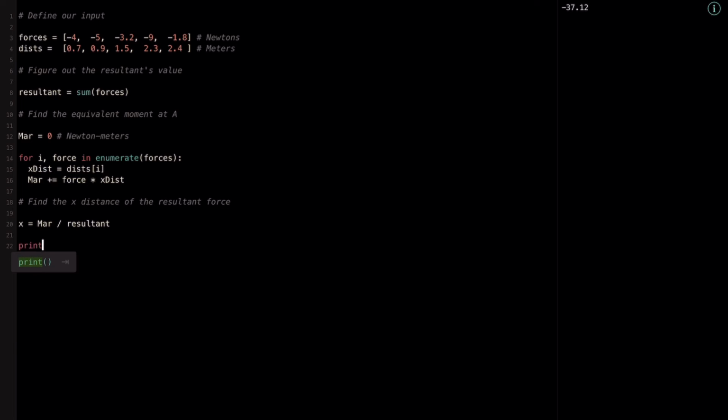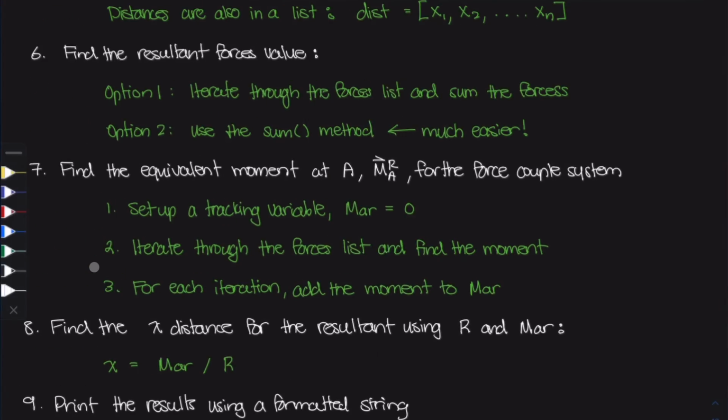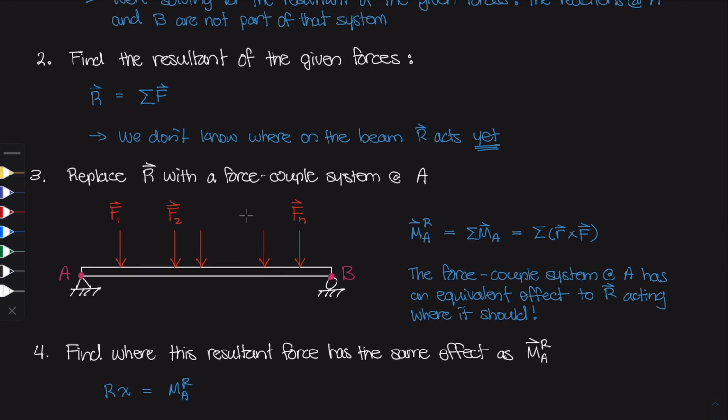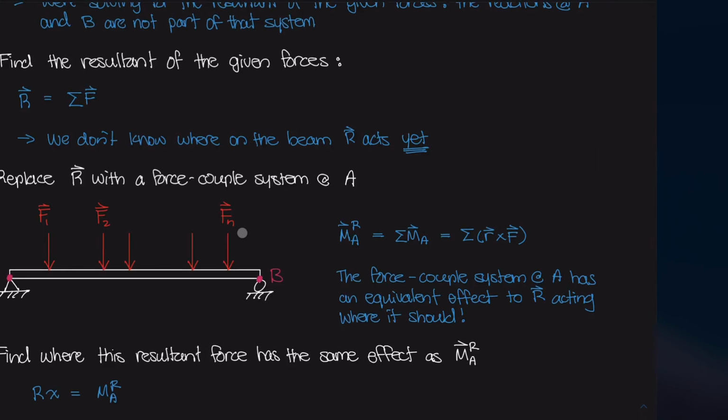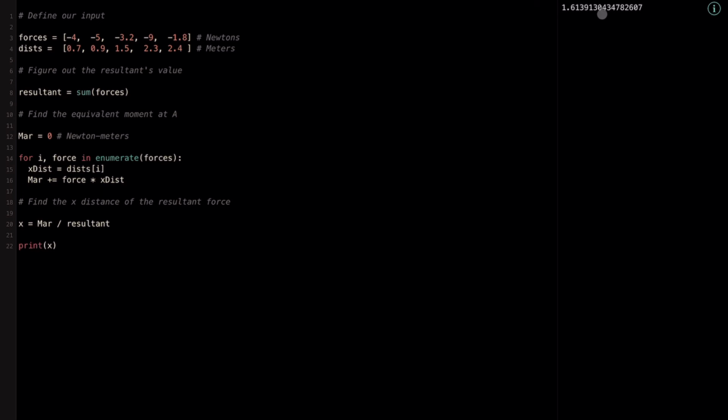And if I quickly print this out just to check and I run, you can see that our x value is about 1.614 meters. So that just means that if the resultant force is somewhere over here, the distance from point A to that resultant force is 1.61 meters. Okay, awesome. That seems to be working.